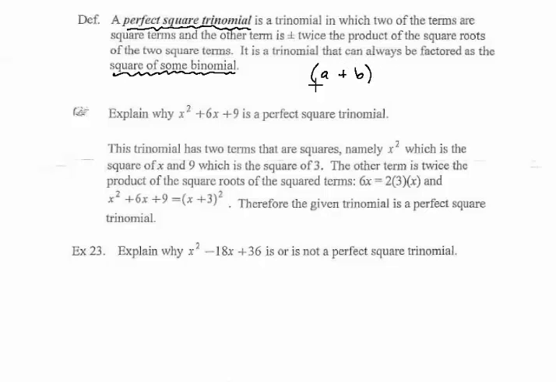We could write a plus b squared, and that would be the equivalent of a plus b times a plus b. And with these types of trinomials, you're probably going to see more than one variable in a lot of them. Not necessarily, but you can. And so squaring this binomial, we use the FOIL method.